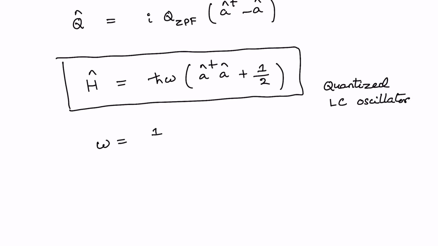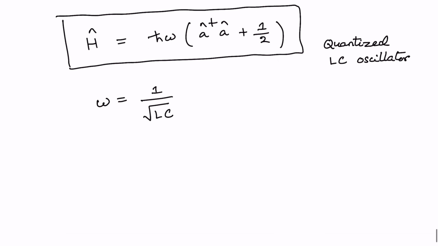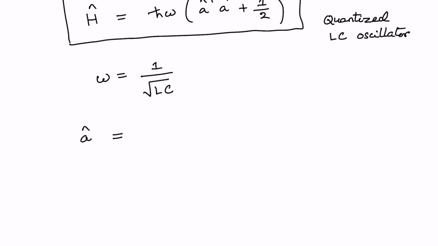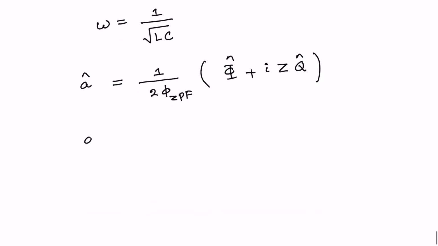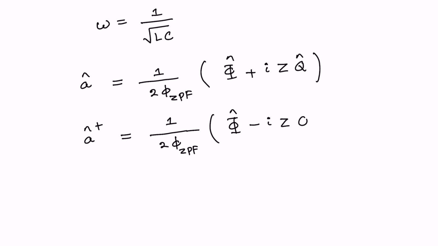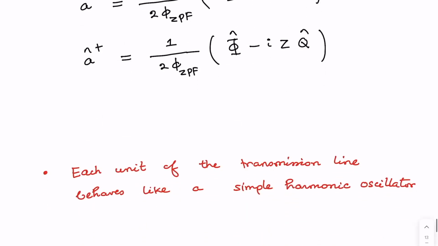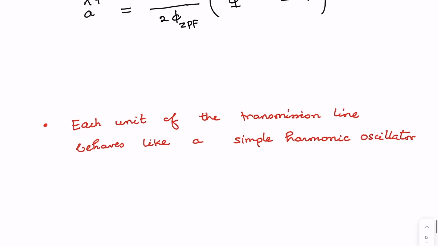However, here omega is equal to 1 divided by square root of LC, and the annihilation operator is defined as, you can work it out easily, A equals 1 divided by twice phi ZPF times the magnetic flux operator phi plus I Z Q, the charge operator, and the creation operator A dagger is equal to 1 divided by twice phi ZPF times phi minus I Z Q. So you see that when quantized, each unit of the transmission line behaves like a simple harmonic oscillator as per our circuit model.